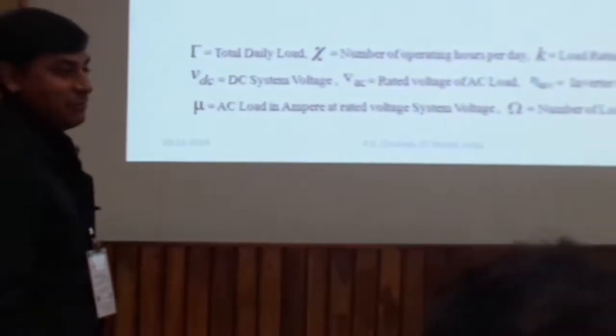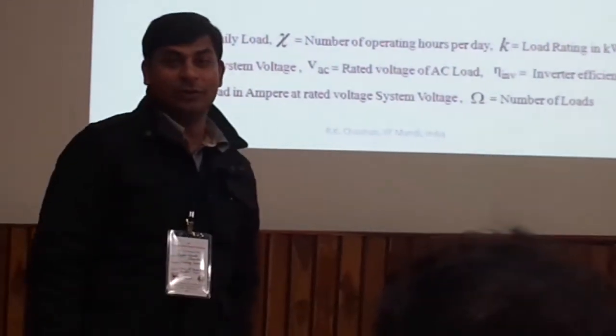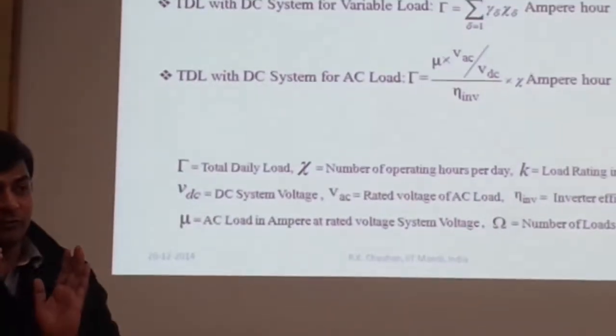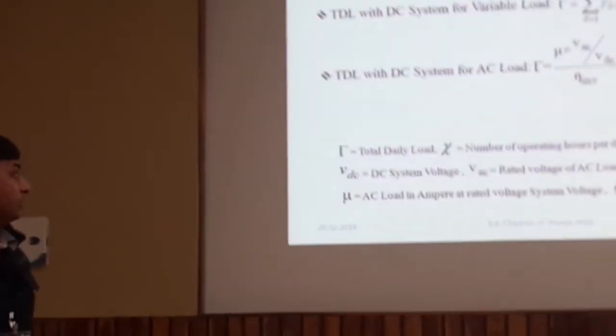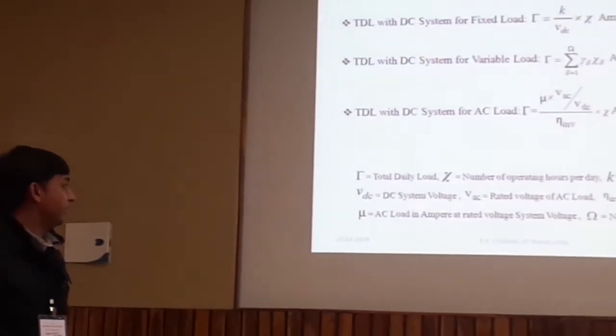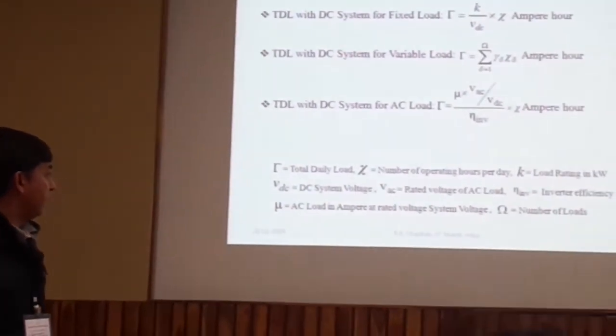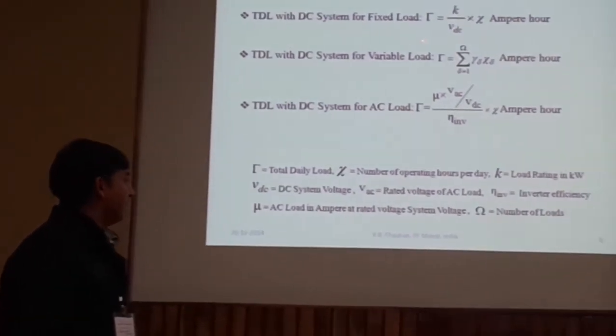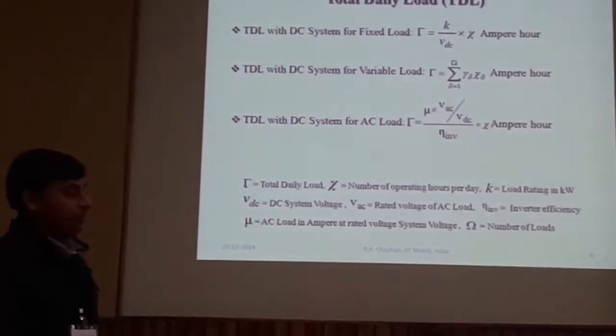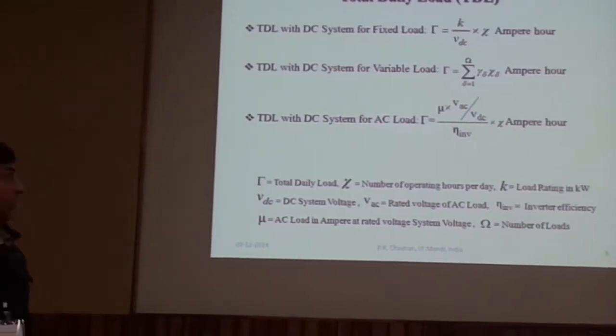So for the total daily load, as I discussed, we have to use a battery bank. If we want to optimize, which size of battery bank is required for the same load? So this is another challenge. Here these are the basic formulas to calculate how long our battery bank will supply a particular load.